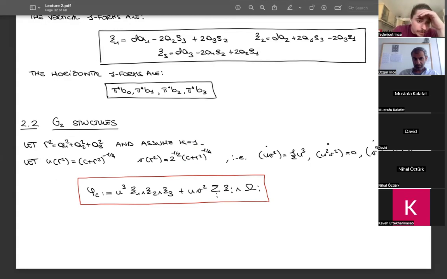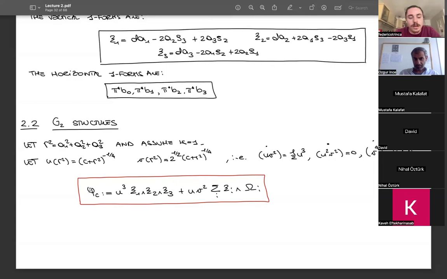So U and V are just going to be two functions that solve these differential equations, and the G2 structure is defined in the same way, but now we have a rank-three vector bundle over four manifolds. So the role of the horizontal space and the vertical space is going to be exchanged.